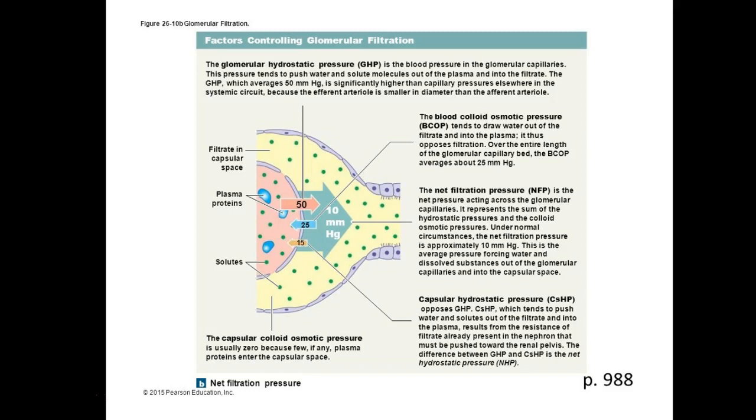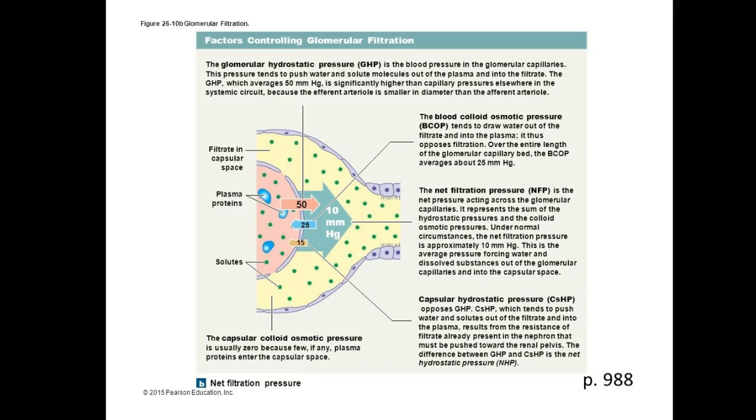So the factors affecting filtration rate here on this slide is the pressure of the fluid wanting to move out of those fenestrated slits in the capillary beds into the capsular space, minus the pressure back from the capillary space. So you have what then is the net filtration pressure. You have the capsular hydrostatic pressure, which is pushing back.